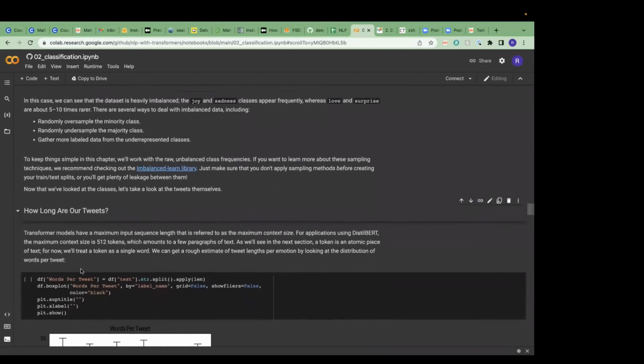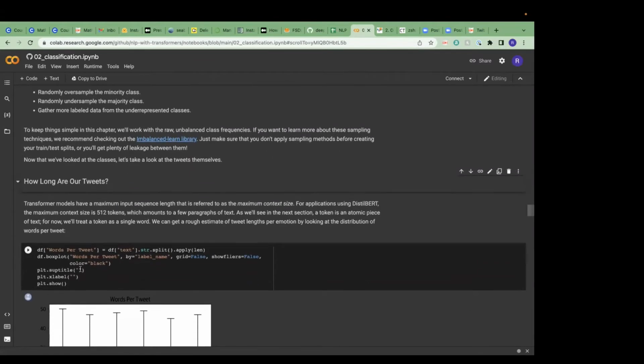Another thing that you don't want your transformer to look at is the length of your text. If it's using the length, or how many stub characters are at the end of your text, that would be something you don't want your model to look at.